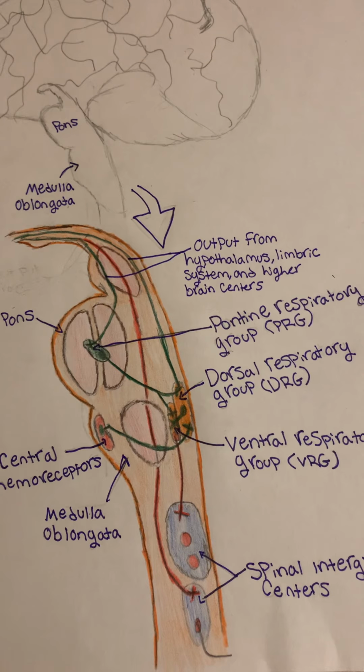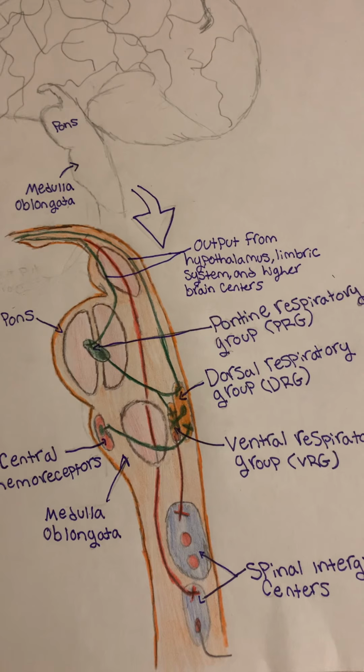And it takes 3 seconds for the process. Once expiration neurons actively slow down, inspiratory neurons resume firing. So then it just continues and it goes back and forth. This process is a respiratory rhythm of around 12 breaths per minute.